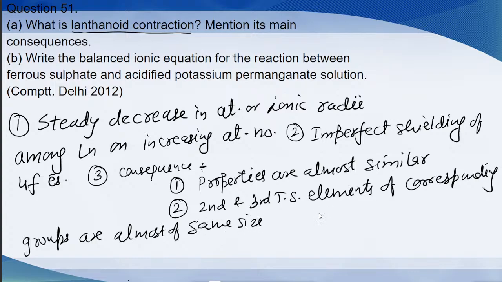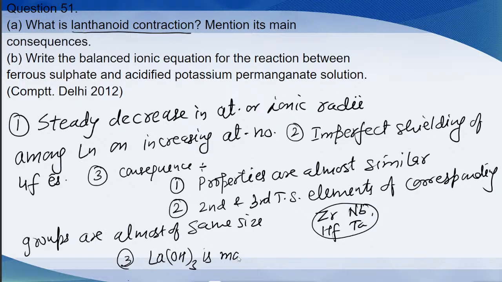For example, zirconium and hafnium, niobium and tantalum, they have almost similar size. If question is why, then it is due to lanthanoid contraction. And third is, as size decreases along the series, lanthanum hydroxide is most basic, and along the series basic character decreases, and lutetium hydroxide is the weakest base.